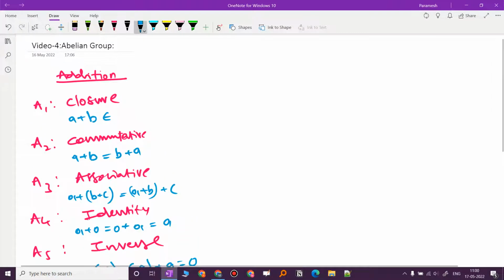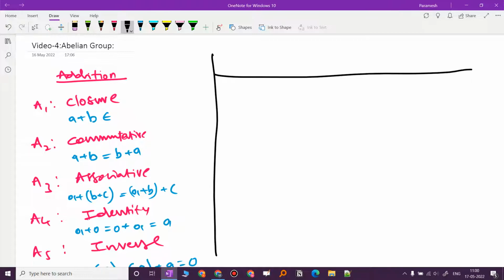So here we are discussing the natural number set N. Does N satisfy the closure property? Yes. Why?